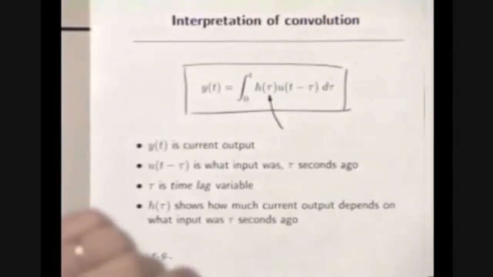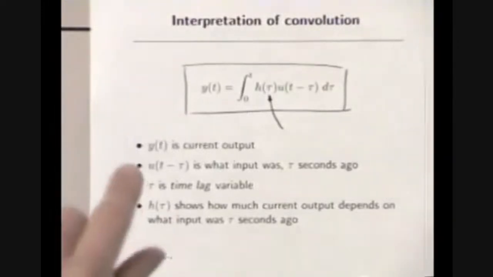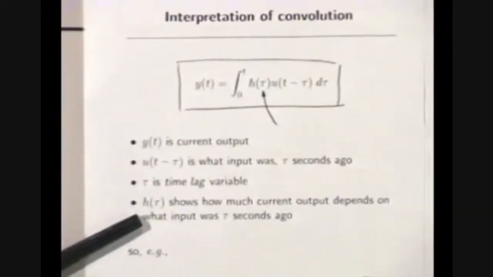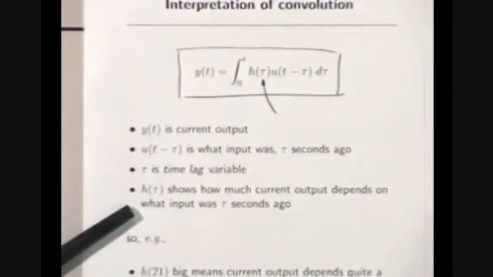It basically says that the recent past is far less important than the remote past for the system. Okay? So another way to say it is that h of tau, the impulse response, tells you how much the current output depends on what the input was tau seconds ago. So that's the physical interpretation of what this means.